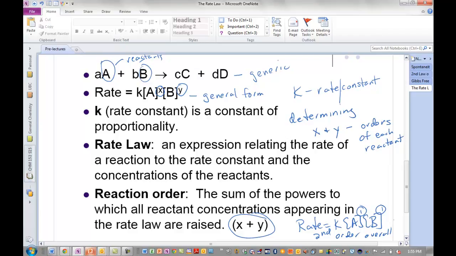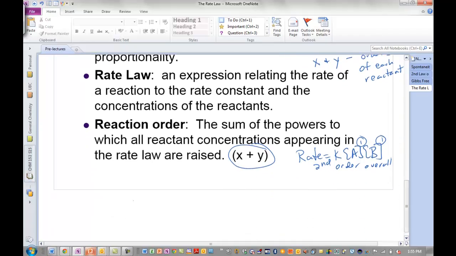All right. There will be other questions on the pre-lecture quiz where you might be given the rate law, and let me actually write this down. You might be given a rate law just like the one, say, we have up here. And you might be given the rate constant, the initial concentration of A and B, and you might solve for the rate.